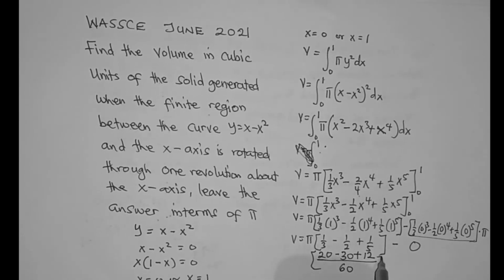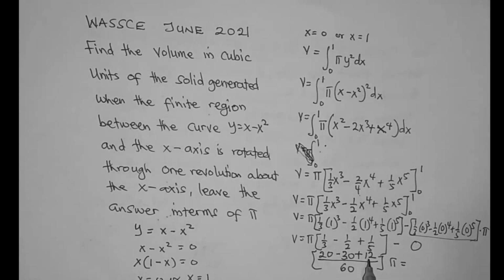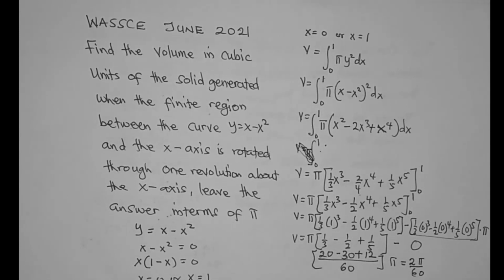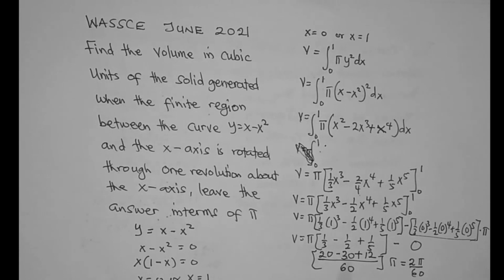So all of this multiplied by pi. And this is equal to 20 minus 30 is minus 10, minus 10 plus 12 is 2 over 60. So this is equal to 2 pi over 60, and 2 pi over 60 is equal to pi over 30 cubic units.